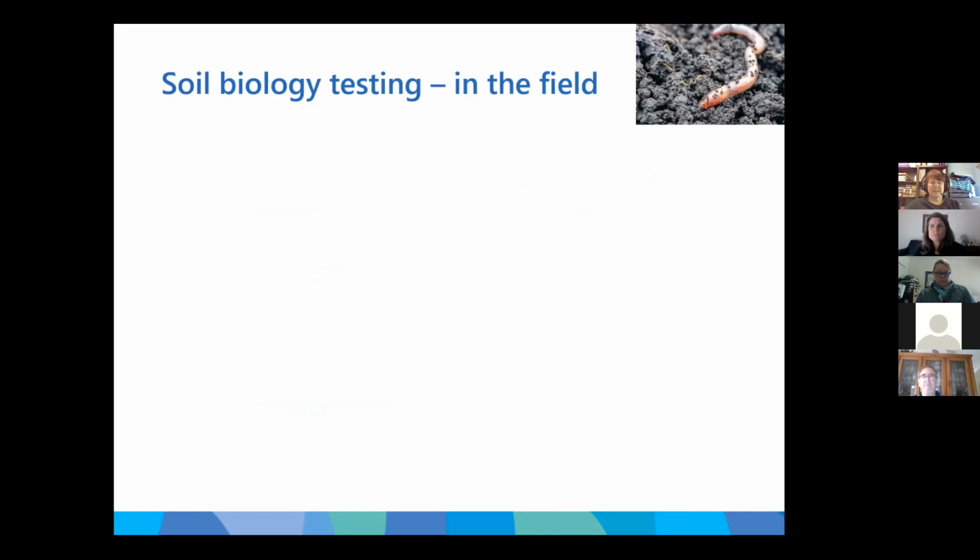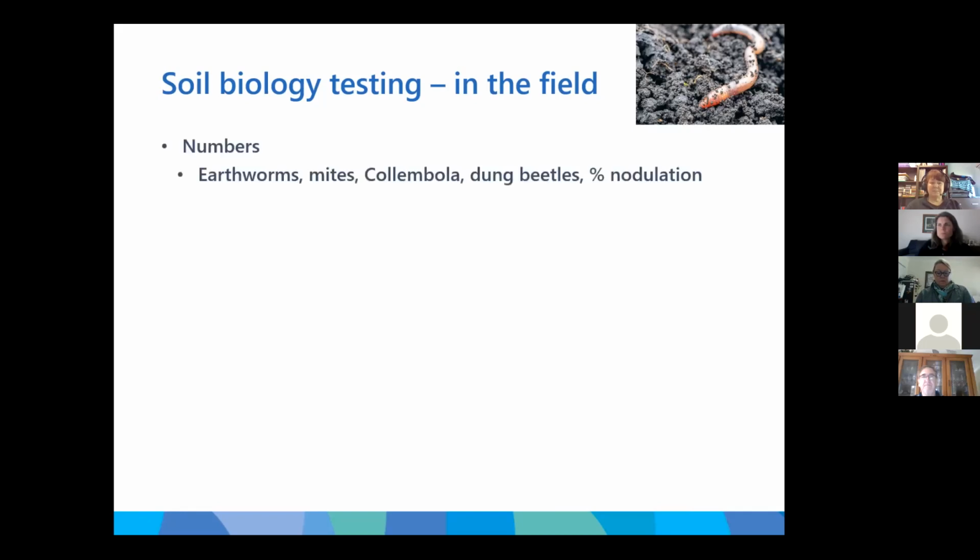So given that, let me just explain a few of the soil biology testing methods that are used. Some of these are in the field, and some of these are for growers to do, or extension activities and ways of bringing soil biology to life and making it visible.